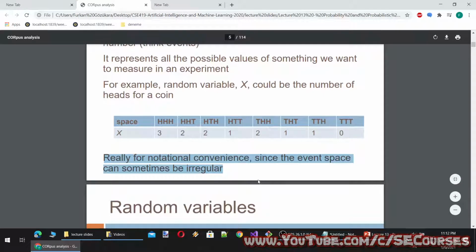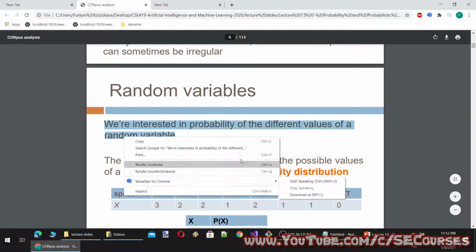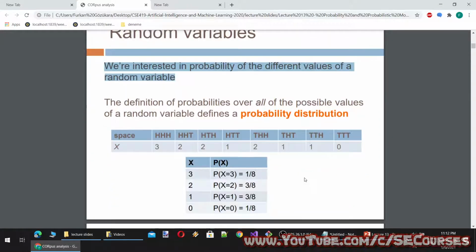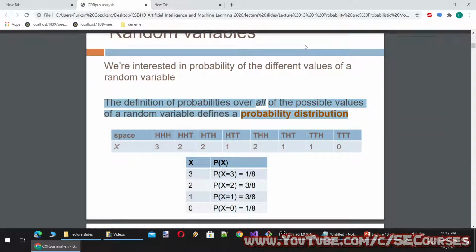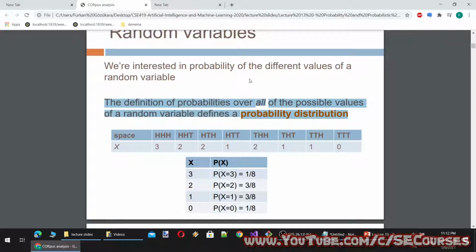Really, this is for notational convenience, since the event space can sometimes be irregular. We're interested in the probability of the different values of a random variable. The definition of probabilities over all of the possible values of a random variable defines a probability distribution.